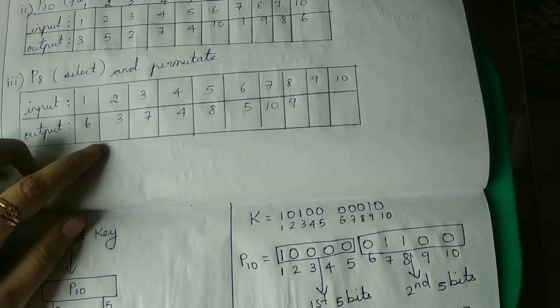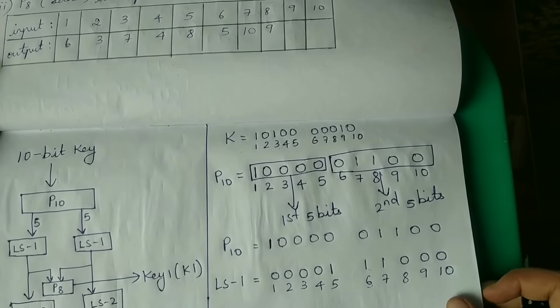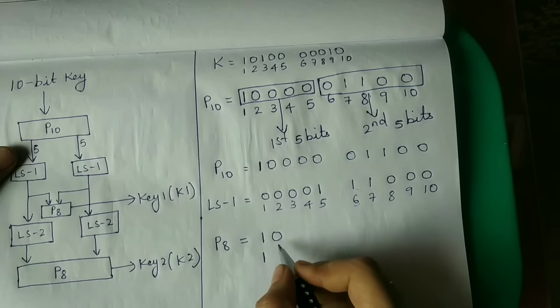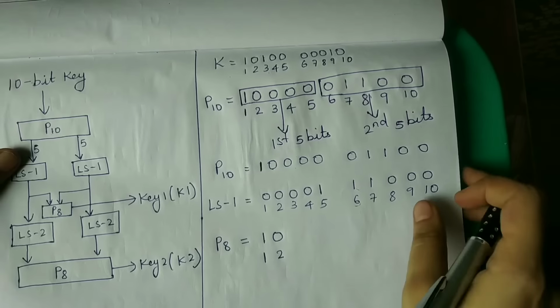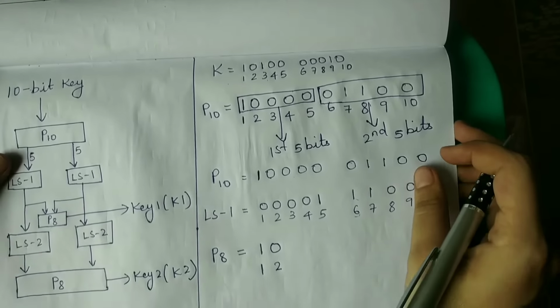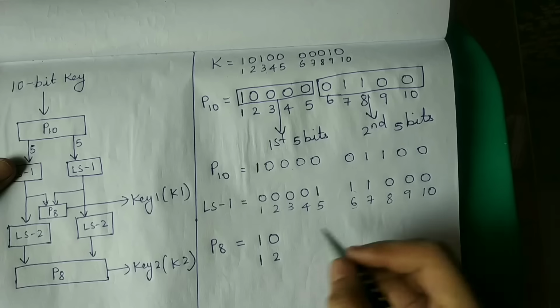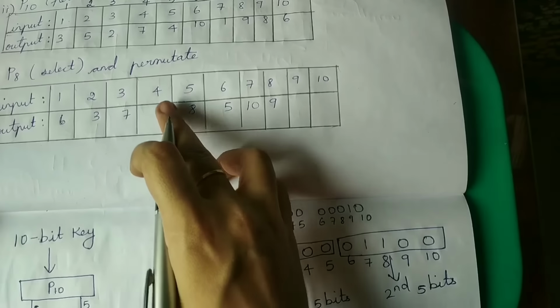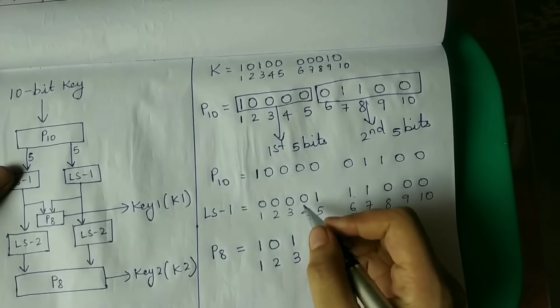Next it is 3 to 2. So third bit is 0. So 0 will come to 2. Next it is 7 to 3. Seventh bit is 1. So 1 will come to 3. Next it is 4 to 4. So fourth bit is 0.